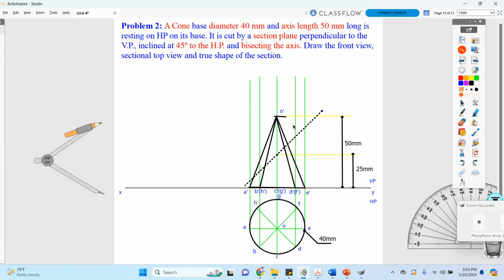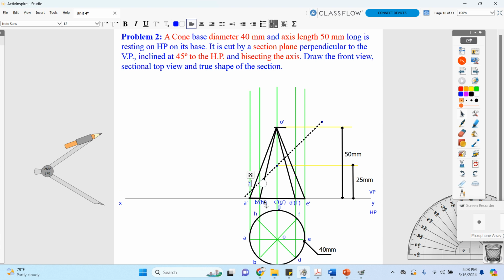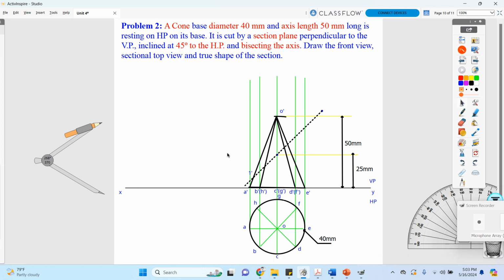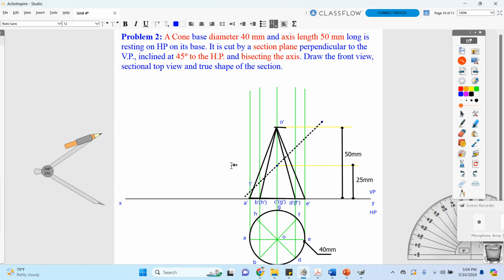Okay, this is what we want to develop as the first stage. You have already developed these first two processes in your previous unit itself. If you are clear in that, you can develop this one. Now we are going to develop 1, 2, 3 for our cutting plane projection. I am going to consider this as my first point, 1 dash, then followed by 2 dash in this second point.